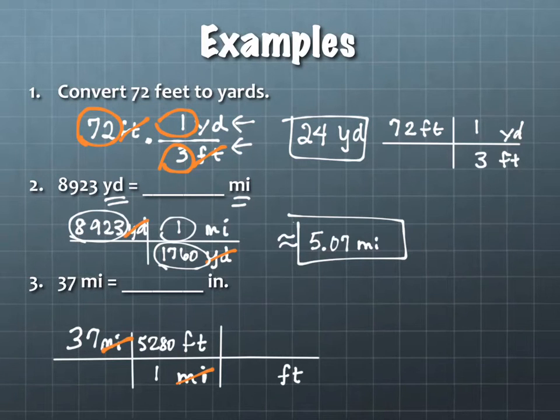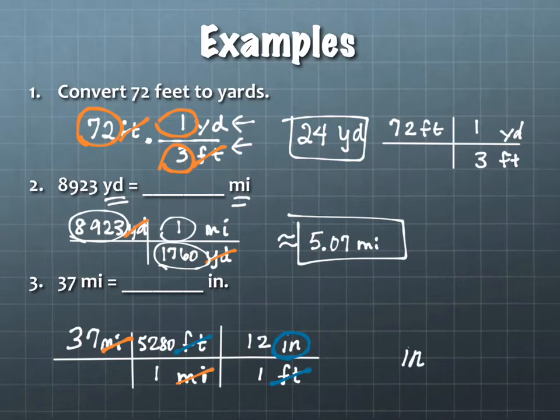And I'm wanting to turn it into inches so the inches can go on top. Okay? Now what ratio do I need to write down? What numbers and where? How are feet and inches related? Yeah, 12 on the top and 1 on the bottom. And again, we have feet canceling here, and we're left with inches, which is our goal.